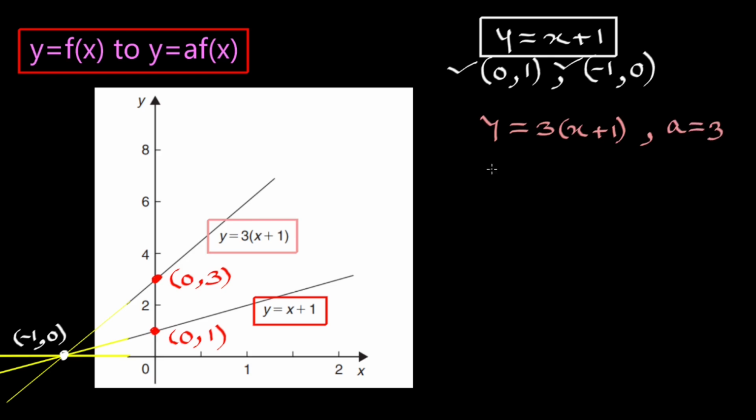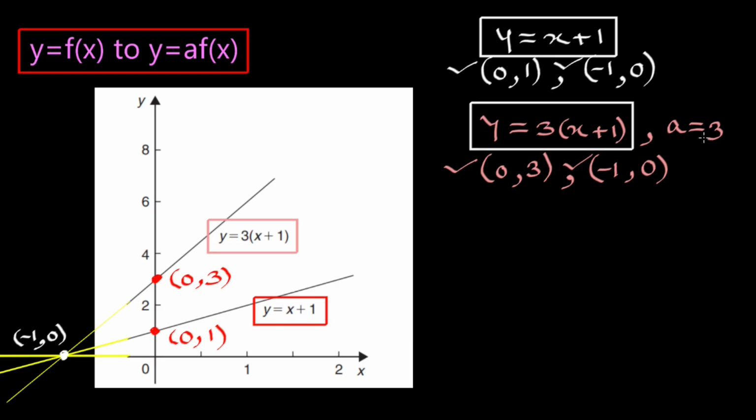3. Again by putting x equals 0, we get y equals 3, and by putting y equals 0, x equals minus 1. By plotting these 2 points and joining them, we can sketch the curve of the straight line y equals 3 times (x plus 1).